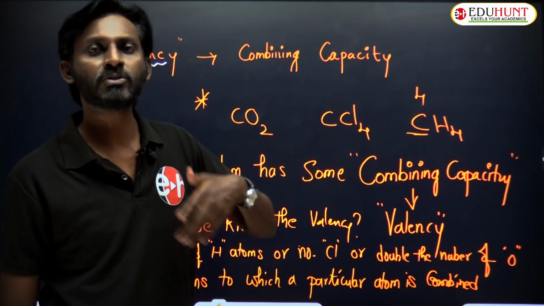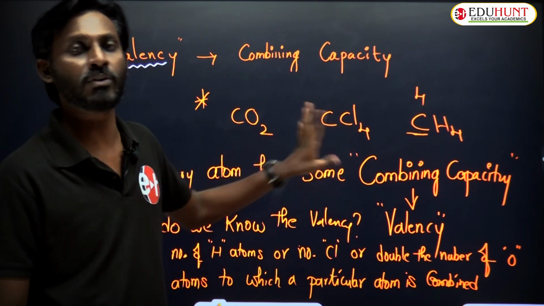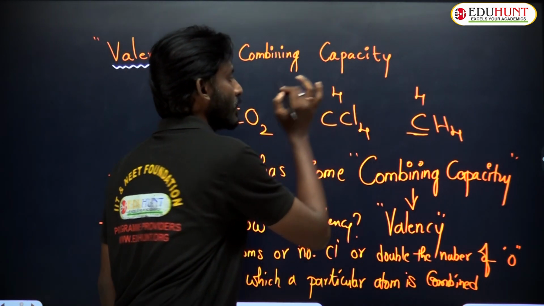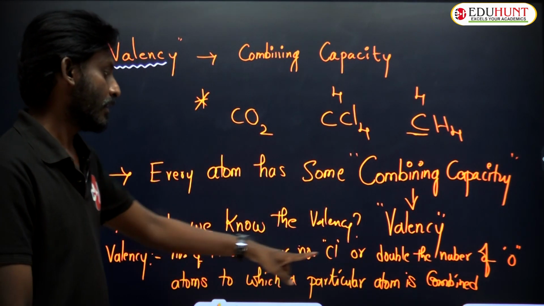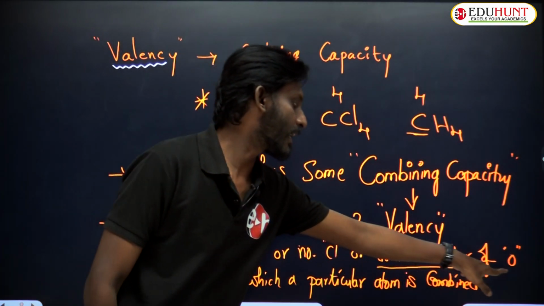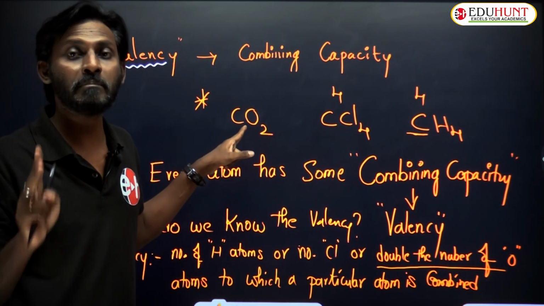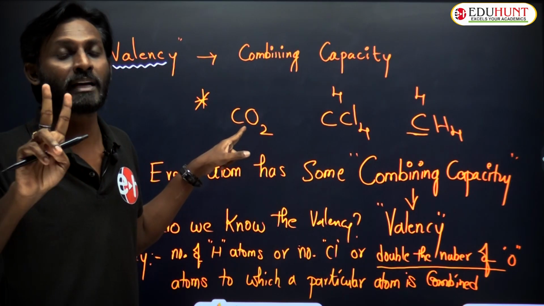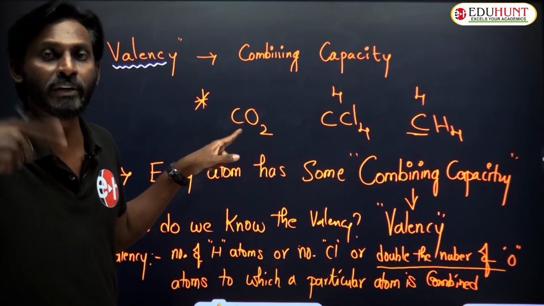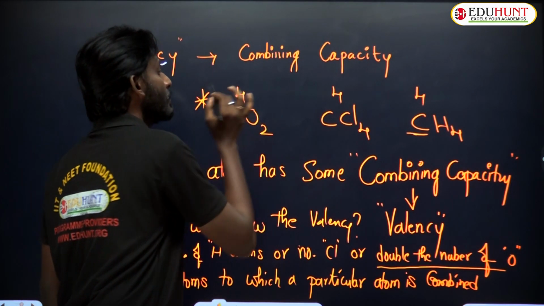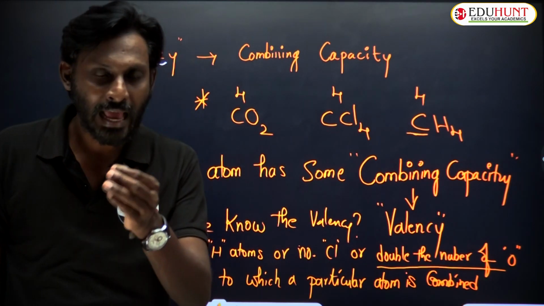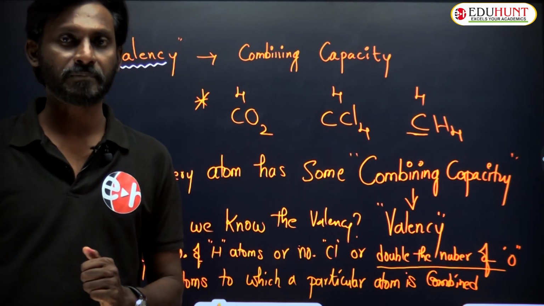The combining capacity of carbon is 4 because it combined with 4 chlorines. But double the number of oxygen atoms: here carbon combined with 2 oxygens, so the combining capacity is 2 into 2, which is 4. So in any way, carbon has that same combining capacity.